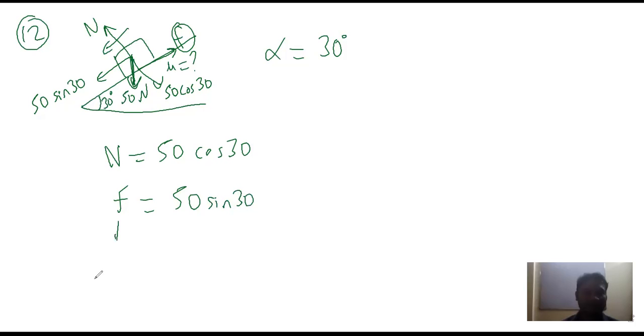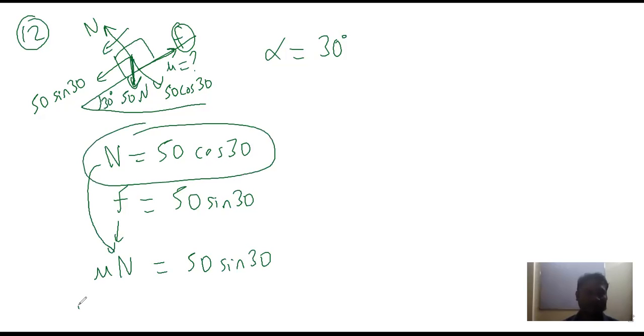But friction force has formula mu N, that is equal to 50 sine 30, and the value of N is 50 cos 30. Let us substitute N as 50 cos 30. So this equals 50 sine 30. 50 cancels on both sides.